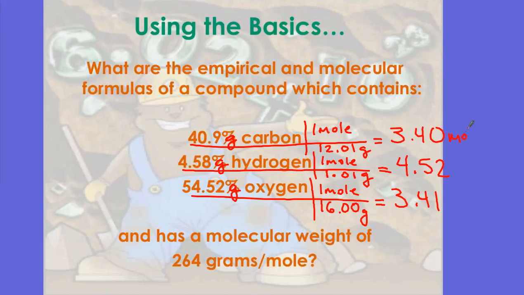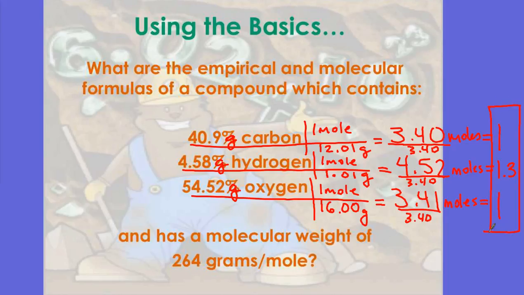Now that we've calculated all of our moles, the next step is to divide by the smallest. My smallest number here is 3.40, so I'm dividing them all by 3.40. Again, the first one is obviously 1. The last one is obviously 1. The hydrogen, if you punch that in your calculator, you get 1.3. So this is when we have to look at step 5, and we have to multiply by a factor.